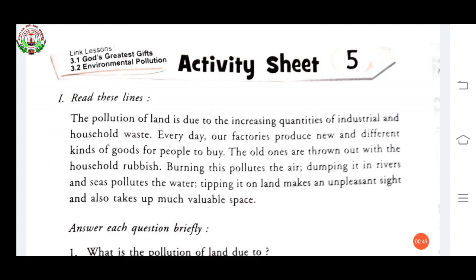The old ones are thrown out with the household rubbish. Burning this pollutes the air, dumping it in rivers and seas pollutes the water, tipping it on land makes an unpleasant sight and also takes up much valuable space. So this paragraph is related to the chapters.